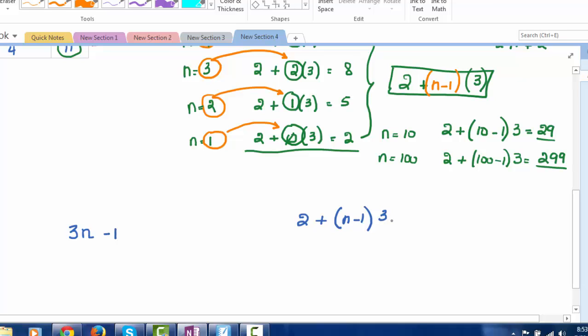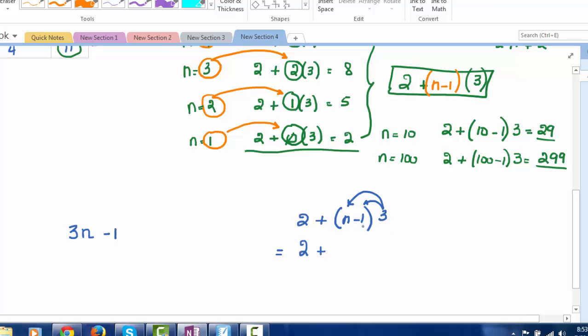Actually, they are not different. I will prove that right away. If I continue this one, 2 plus, let's use the distributive property that we got previously when we multiply algebraic expressions together.